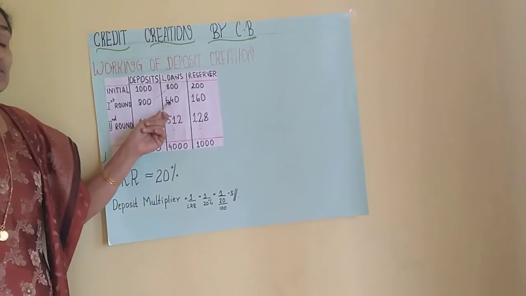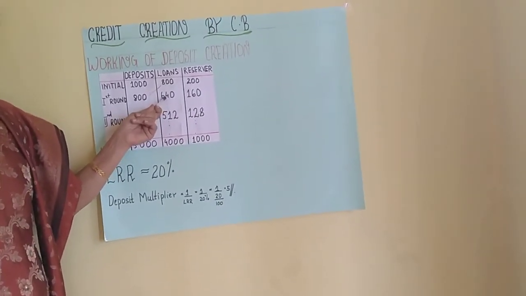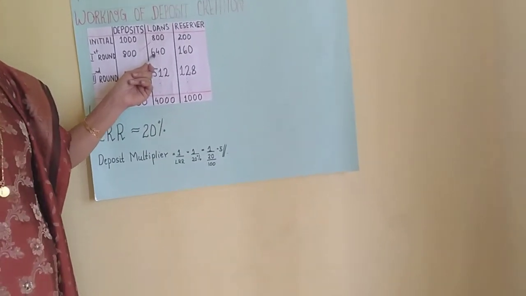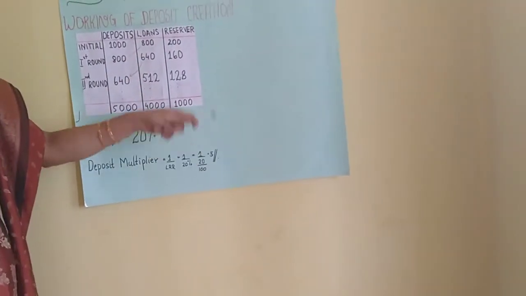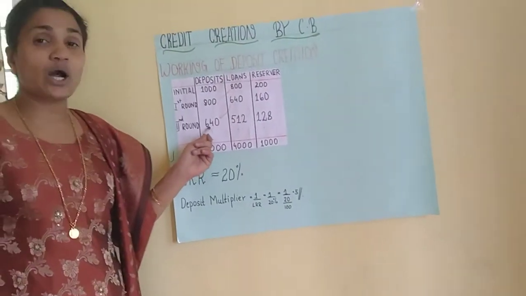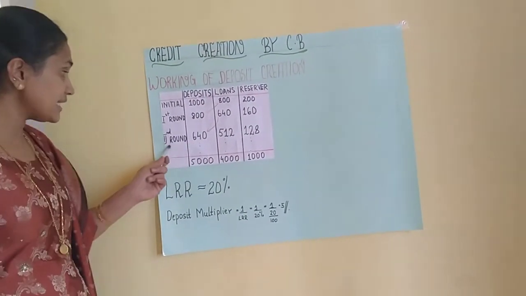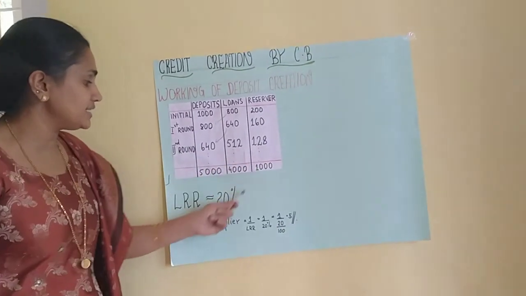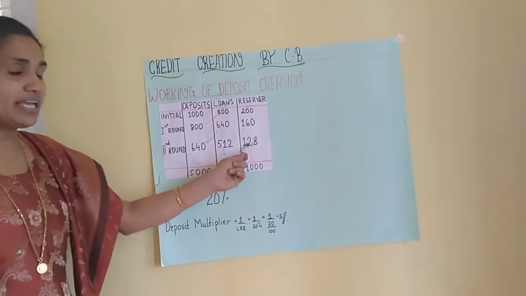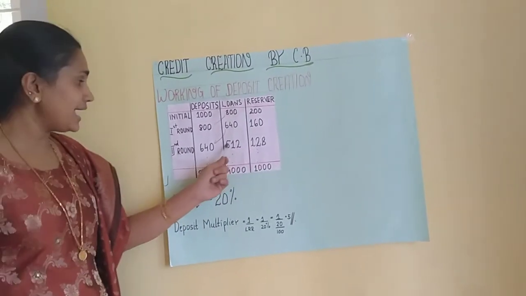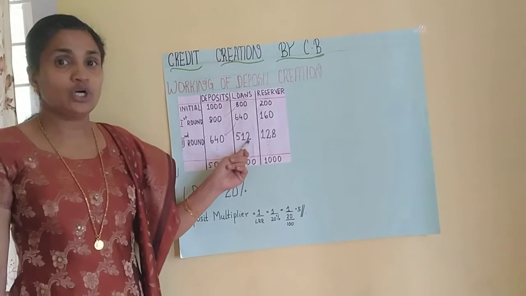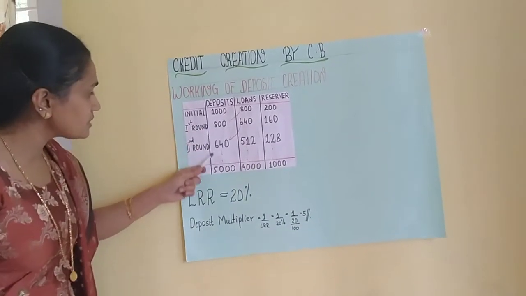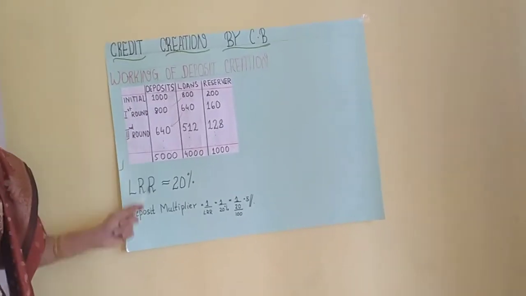The balance, 640, they lend as loans to another person, and that person also opens an account. That is the second round, 640. Then from the 640, 128, that is 20% LRR, is kept as reserve in the commercial bank, and 512 rupees is lent as loan. So this process will continue: second round, third round, fourth round.